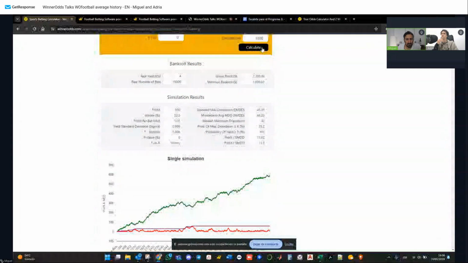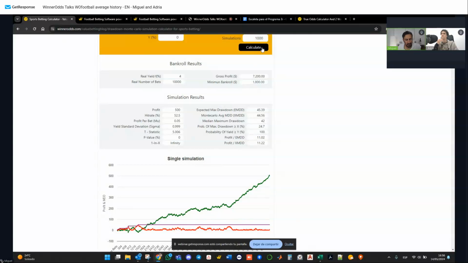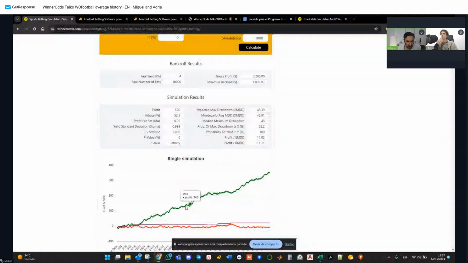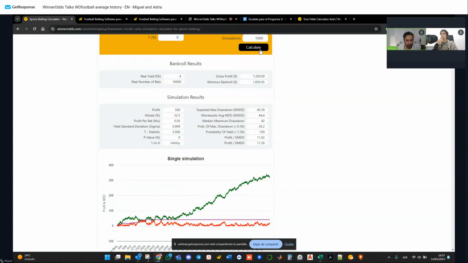It changes also, but with 10,000 bets, the differences between every simulation are smaller. But the drawdown will always increase during the total series of bets, and it's a good way to understand what can happen.